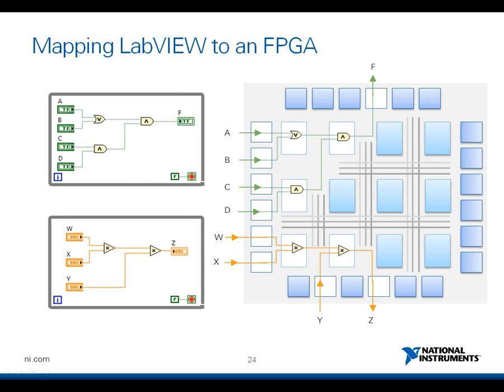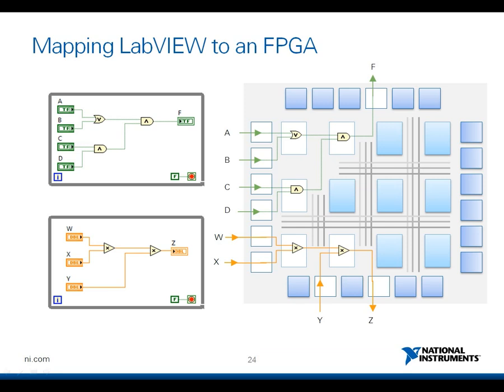Now, here's a pictorial representation of how LabVIEW can be mapped to FPGAs. One of the main benefits of using LabVIEW to target FPGAs is that the graphical dataflow nature of LabVIEW is well suited for implementing and visualizing the type of parallel operations that can be implemented in FPGAs. For example, these two tasks shown here are each implemented in the FPGA with their own dedicated resources, which is what is described as truly parallel.